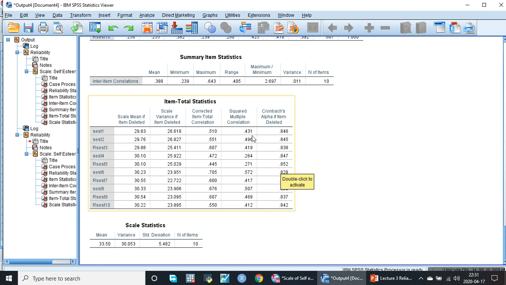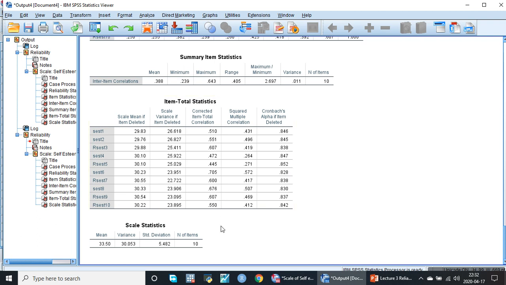If we remove this question, then its Cronbach's alpha value will be 0.846. If we remove this question, then its Cronbach's alpha will be 0.845. But the value of Cronbach's alpha is higher than all of these values. Then we don't have any need to remove any questions.